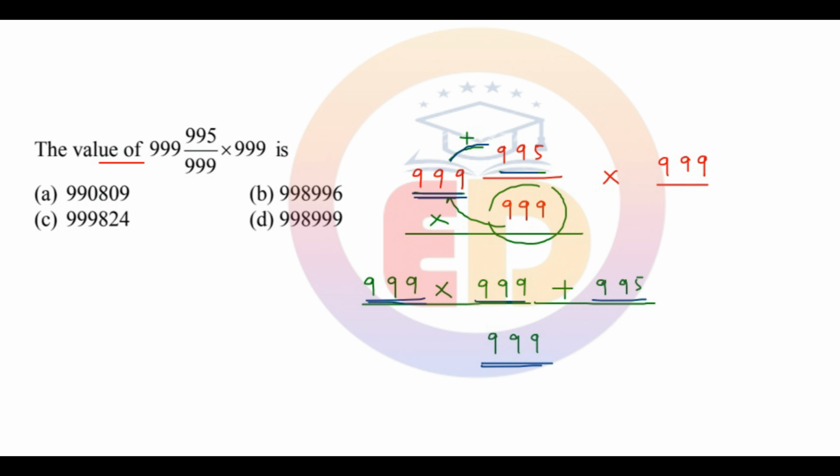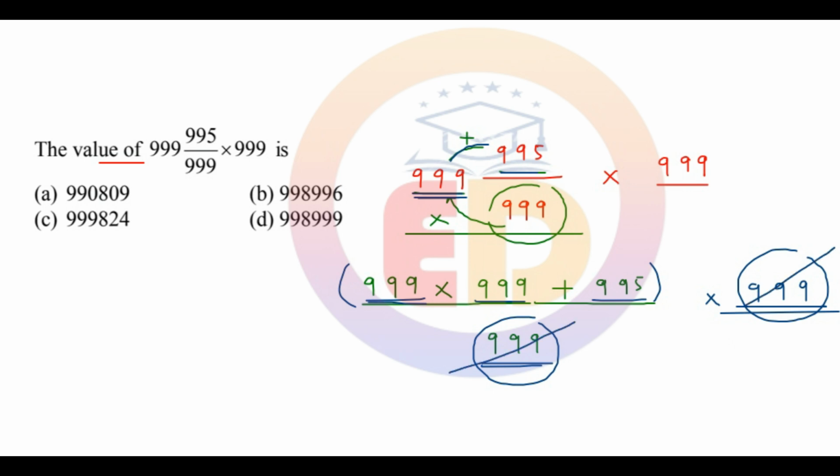Do not solve it, just write this as it is, and with this I have to multiply 999. Now pay attention friends. In the numerator I have this 999 and in the denominator also I have this 999. The numerator 999 and denominator 999 same value, cancel them.